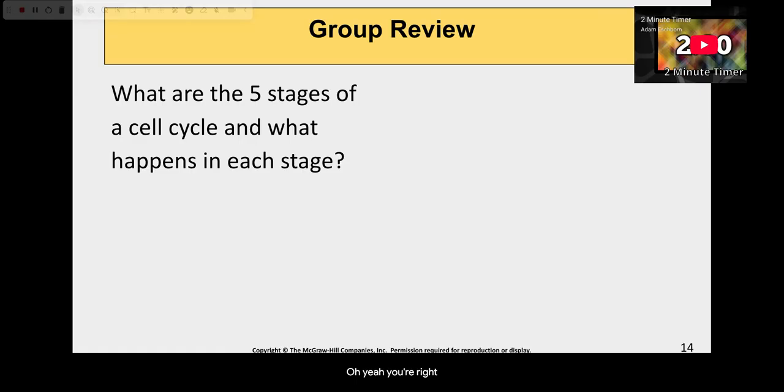So it's G1 grows, G2, mitosis. How was your weekend? Fun. I was at my workshop.